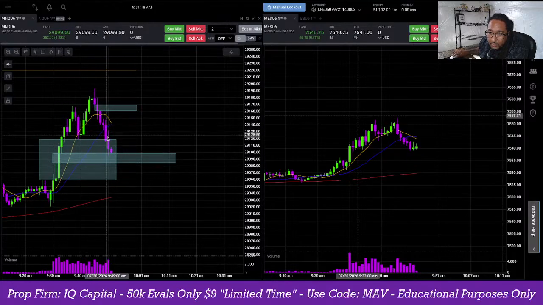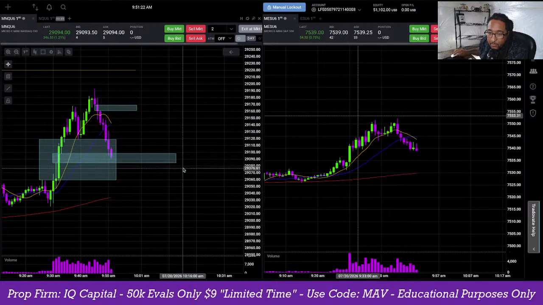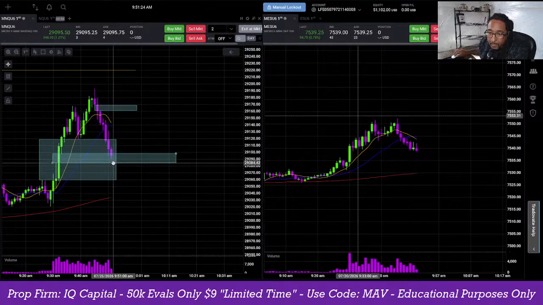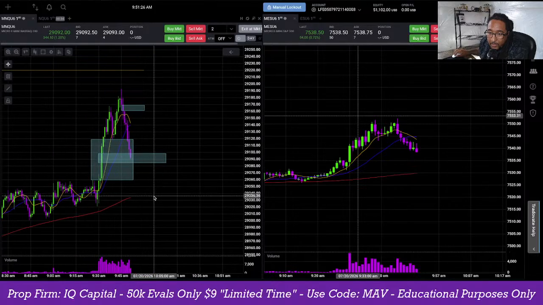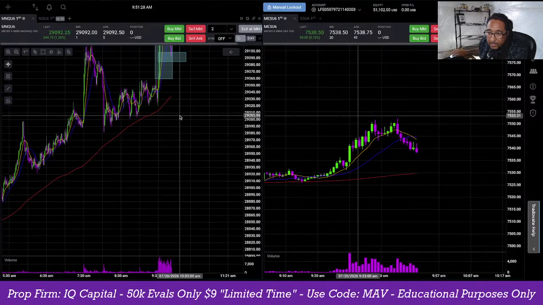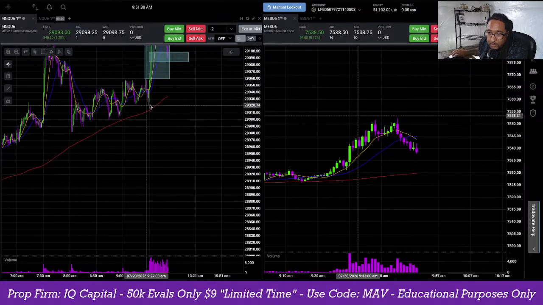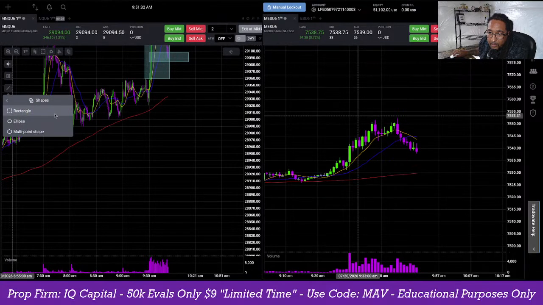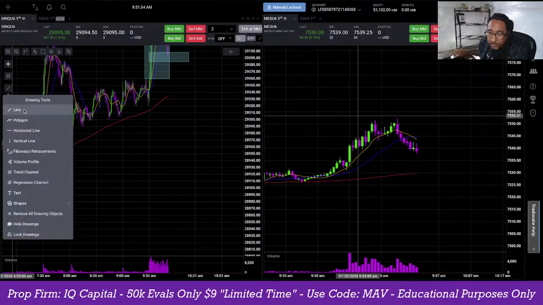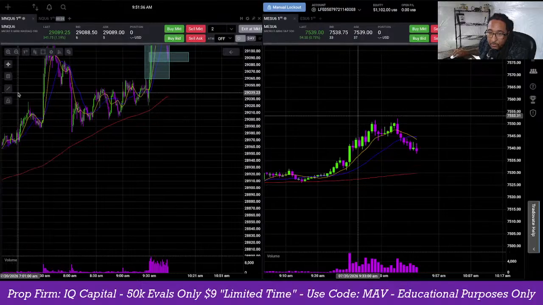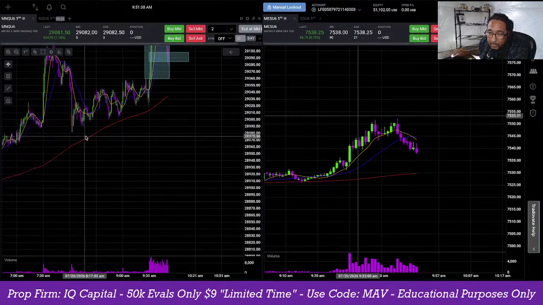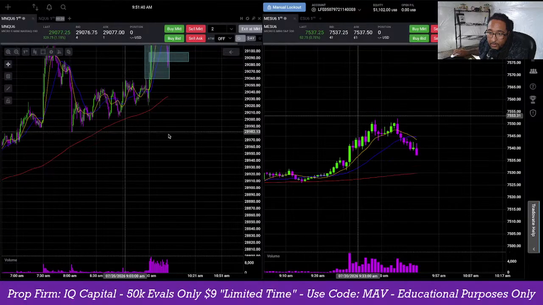If price fills this gap and closes below it, that would be an inversion, and that would indicate that we're ready to go to the downside to get some of this liquidity here, and we'd be shooting for these lows, which will be in alignment with those 8 a.m. lows that we spoke about.